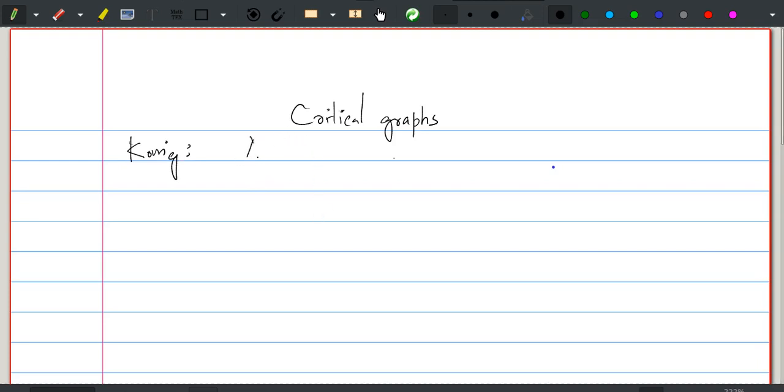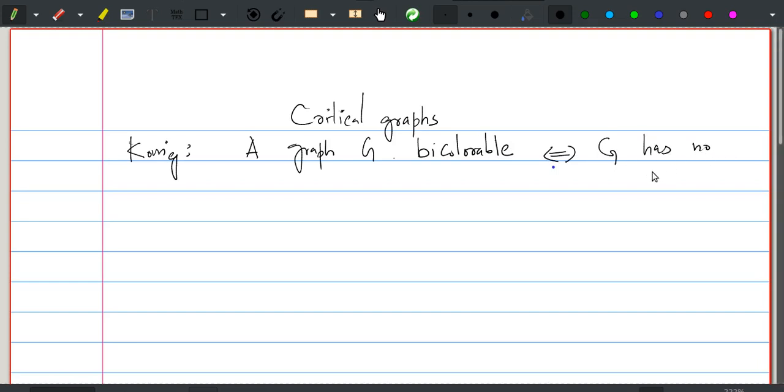So a graph G is bicolorable, I mean two chromatic, if and only if G has no odd cycles. Now the following corollary is a consequence of this theorem.